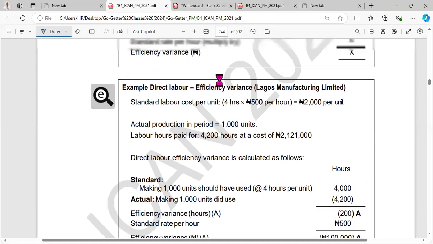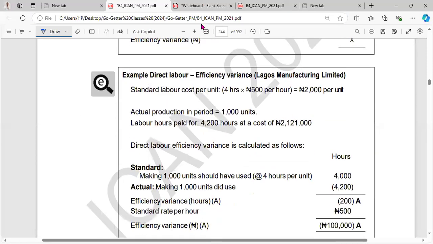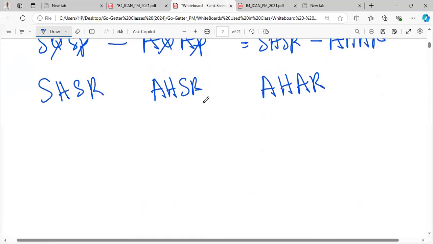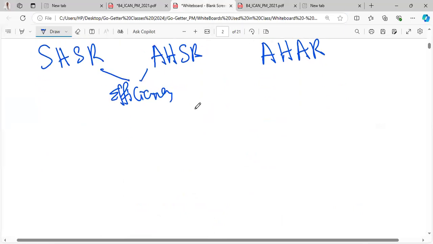Then what we are saying, this is direct labor efficiency variance. In the efficiency variance, we are going to be using these two for efficiency. Efficiency has to do with usage, right? So instead of direct material usage variance, when you are doing labor, it changes from usage to efficiency.